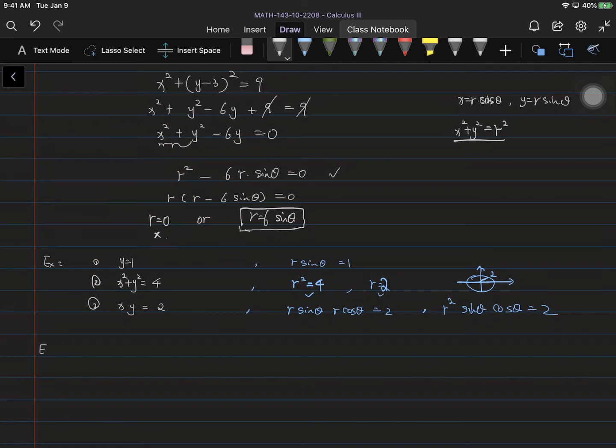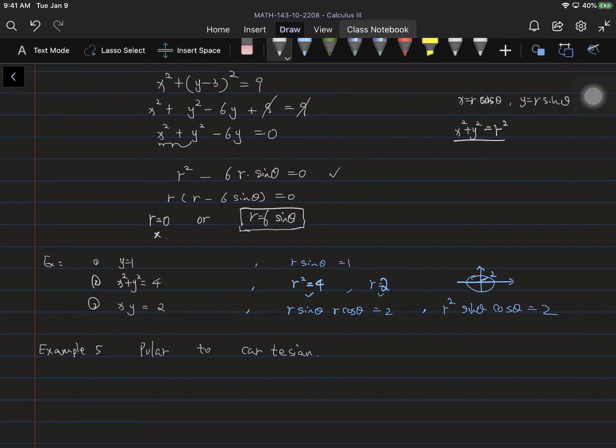Example 5. Change from polar to Cartesian. Okay.